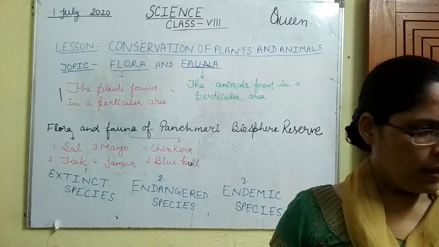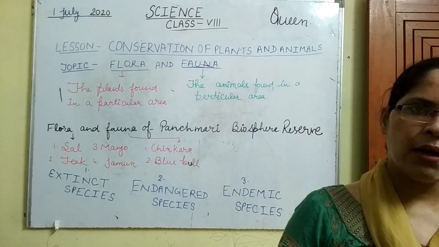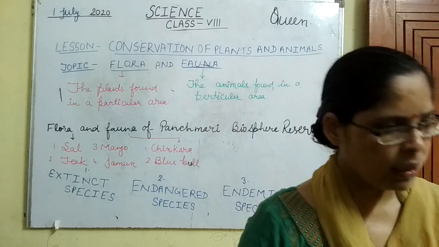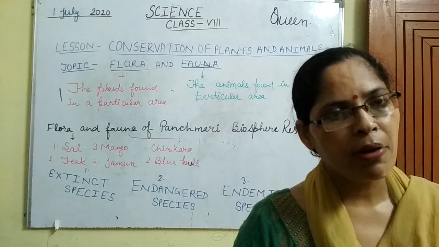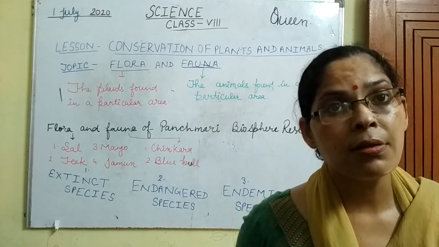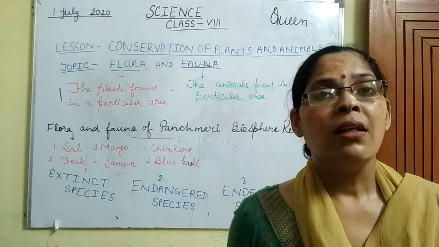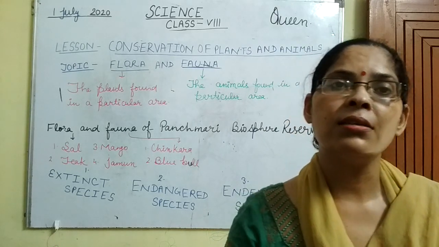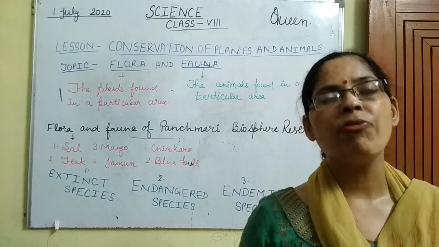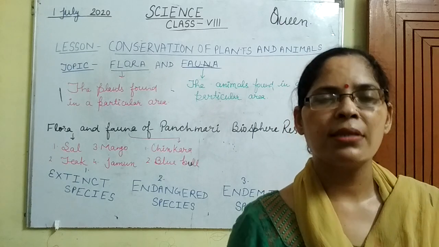There are 350 species of birds and 39 species of fishes available. Can you imagine that? There are 316 species of butterflies present.